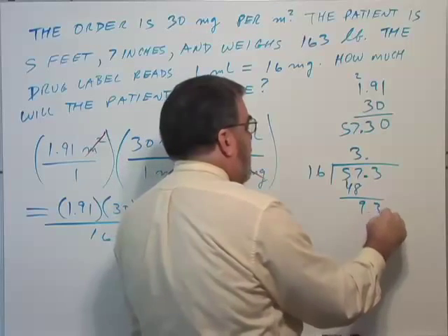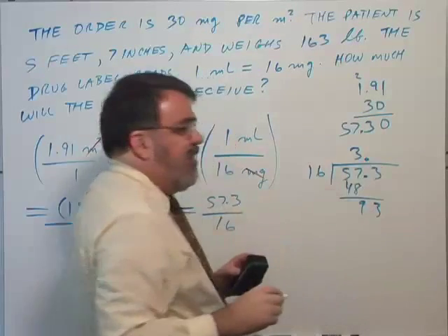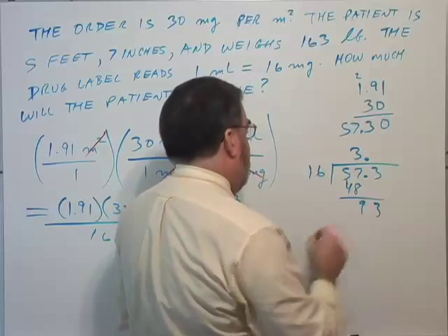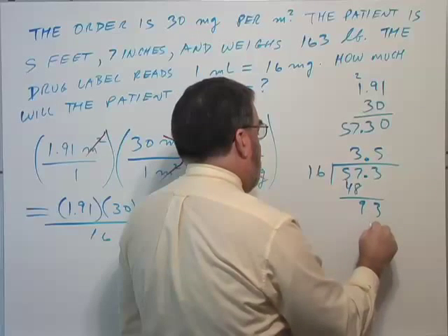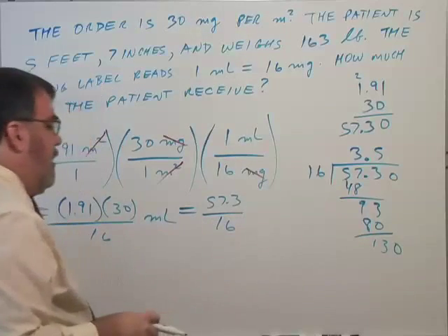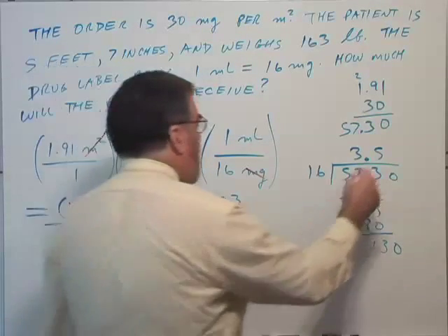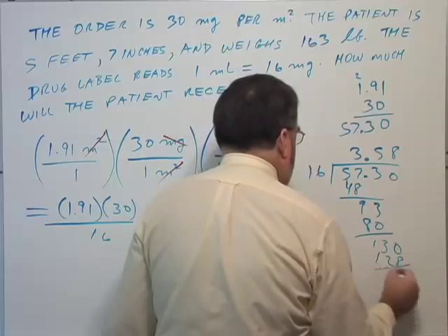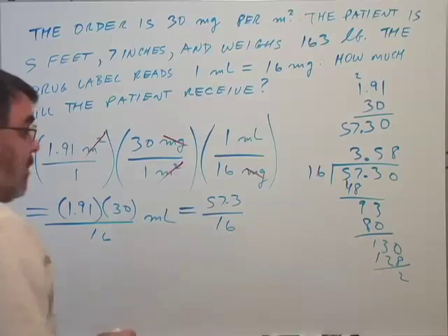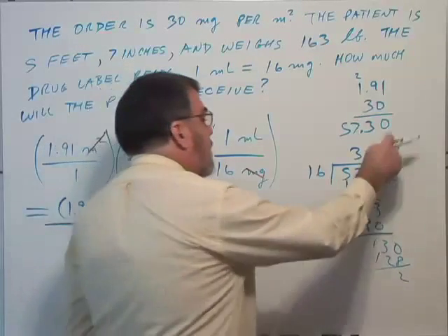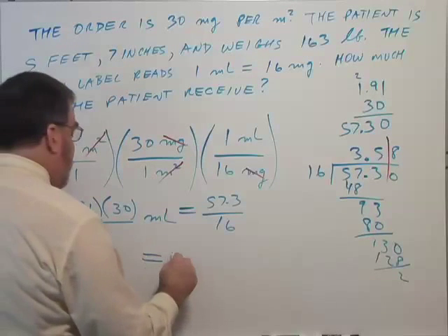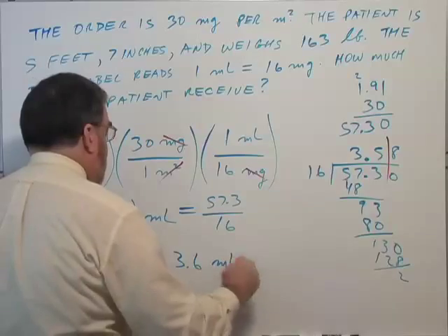Subtract, 93. Now I've got the decimal points lined up, so 16 now goes into 93 5 times. That's 80, 13. And then 16 goes into 130 about 8 times. So 3.58. We're going to round it off to 1 decimal point. So that would be 3.6, when it would round up. So this becomes 3.6 milliliters.